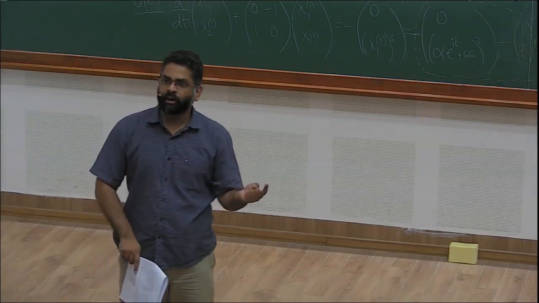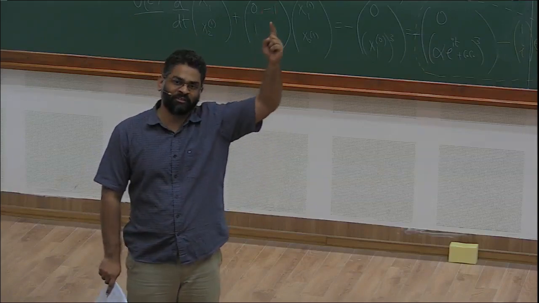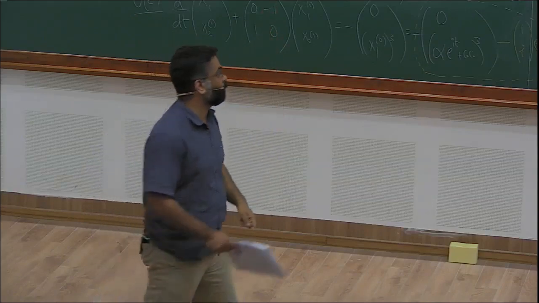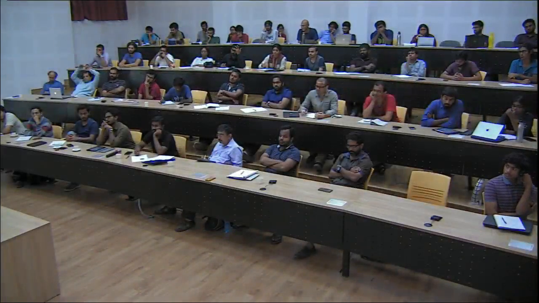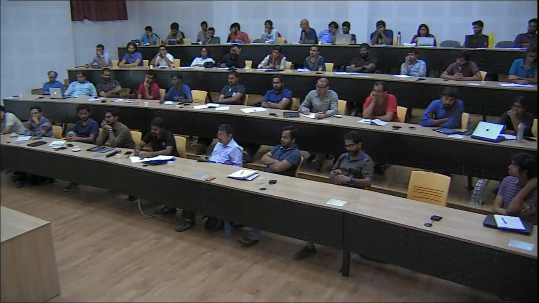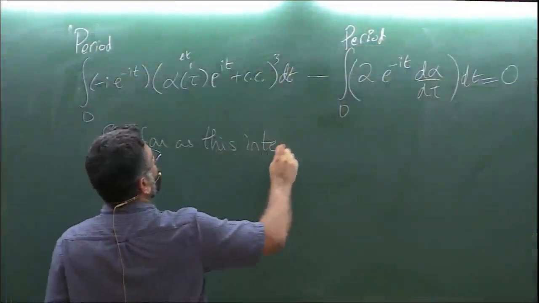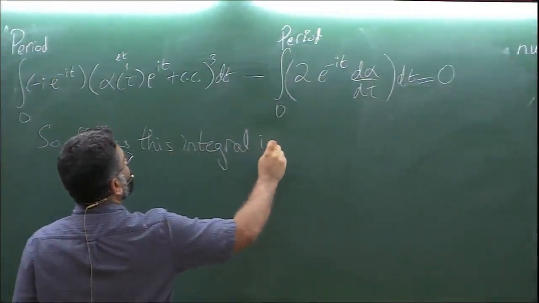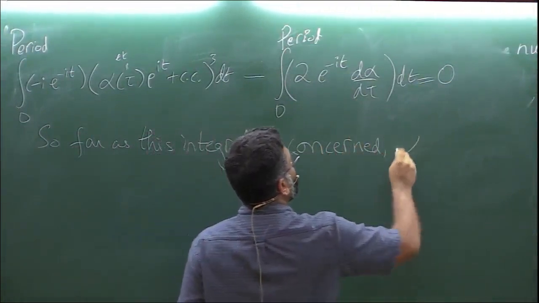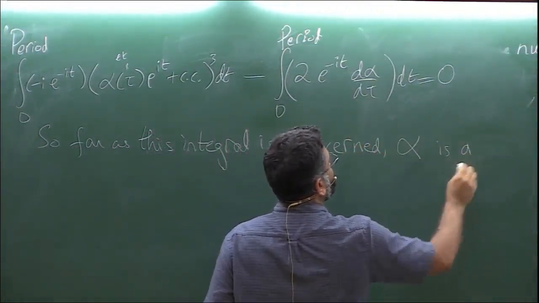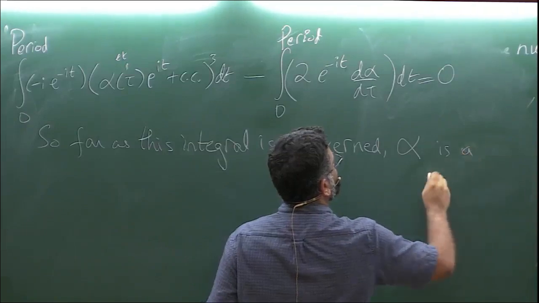So I'm making an error, but I'm making the error at the next order. So what I can do is, so far as this integral is concerned, alpha is a constant.